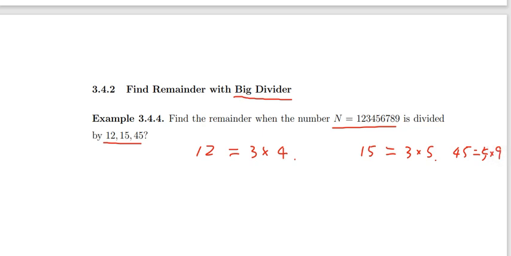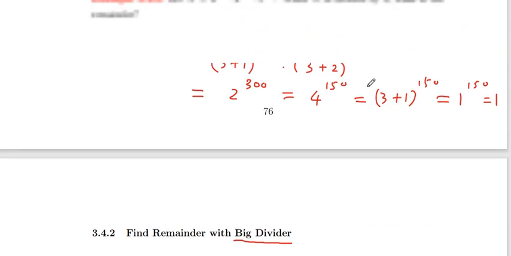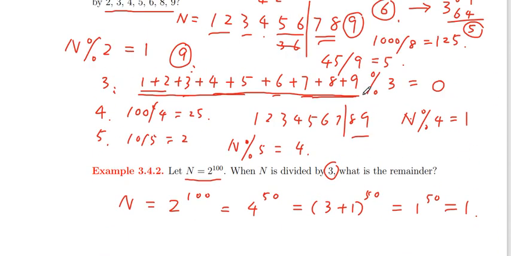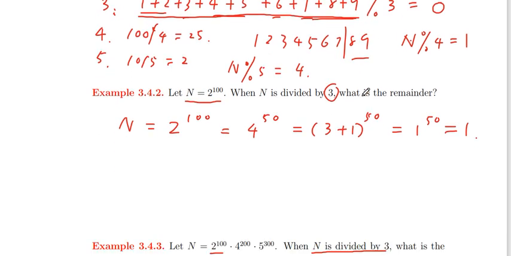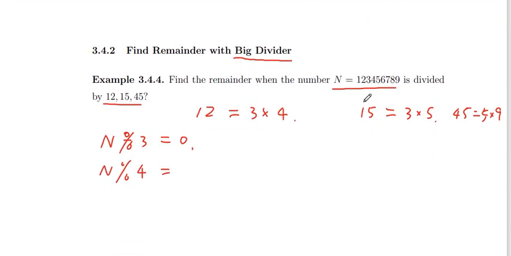Okay. So divided by 12, remainder. We just check the remainder divided by 3 and the remainder divided by 4. So we say n divided by 3, remainder is 0, right? So we already found it. N divided by 4, remainder, let's say we already checked this, remainder is 1.